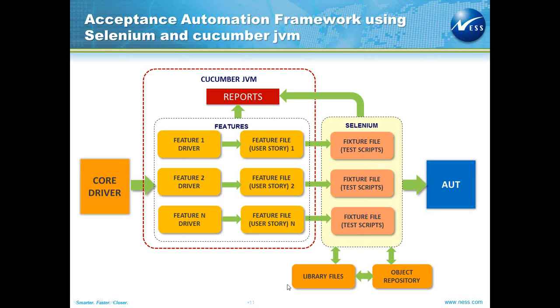There are certain library files that you can create. All common code that you want to have within your system can go as a part of your library file, so that as much common code as you can write will give you high reusability.